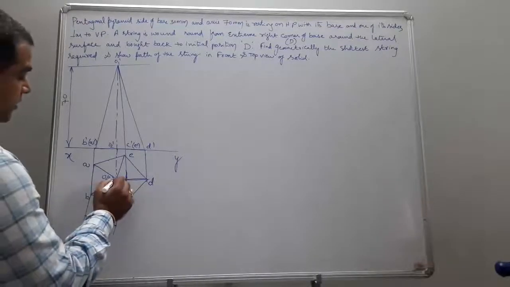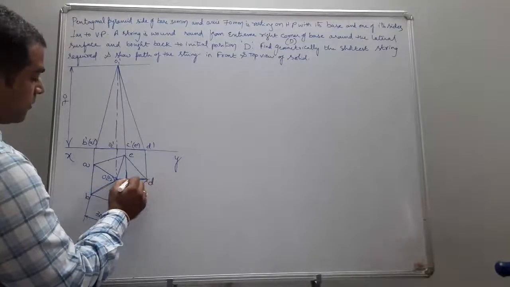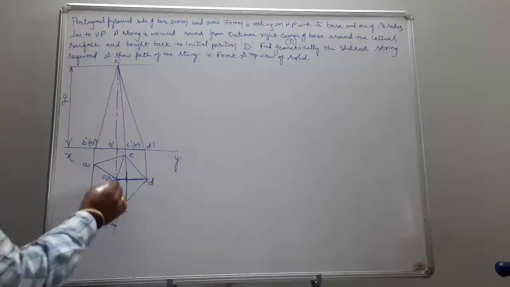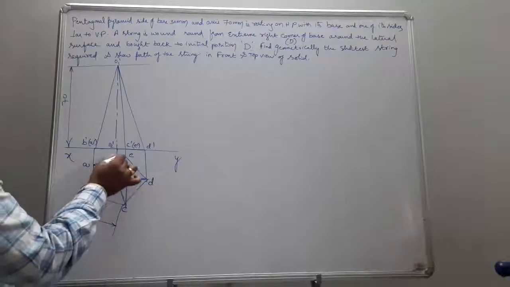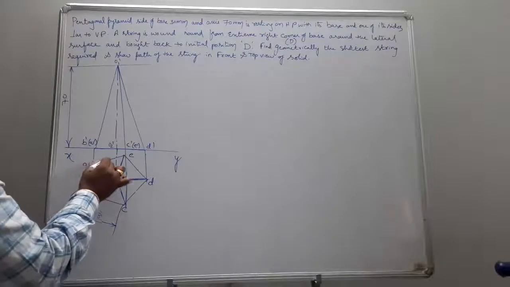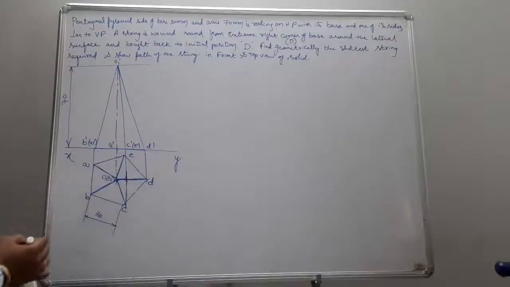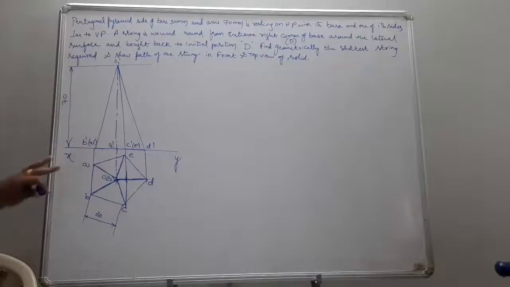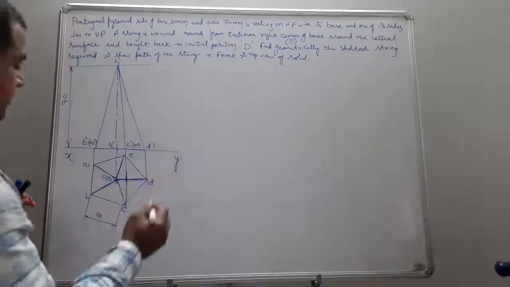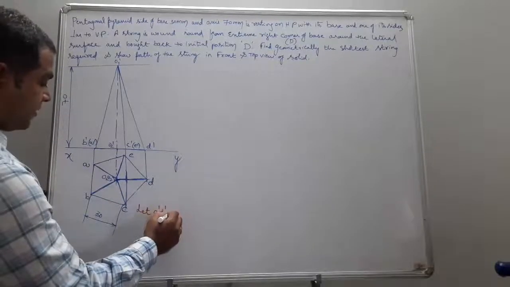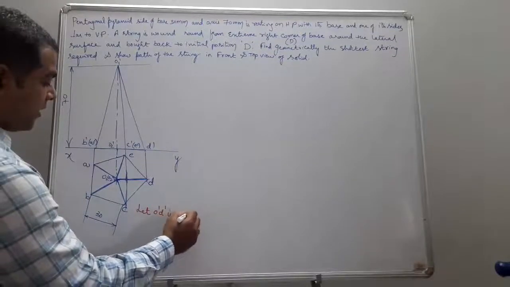So this becomes your slant edges, and these are going to be the front view and top view. Now I know that OD is the true slant edge. Let O dash D dash be the true slant edge.